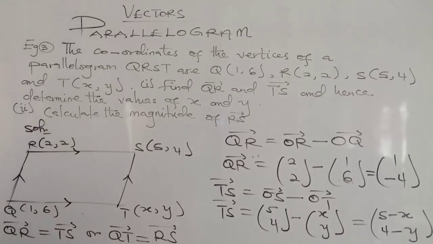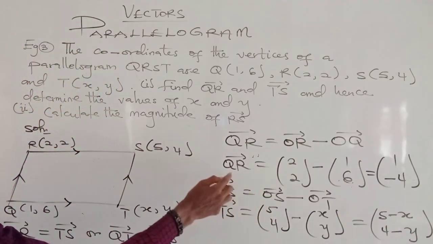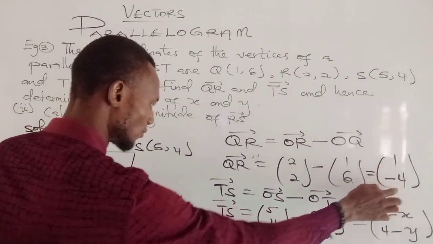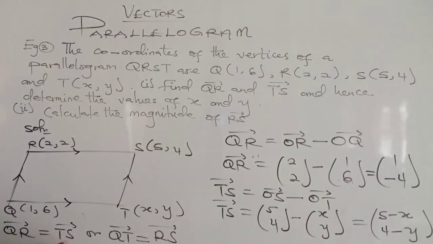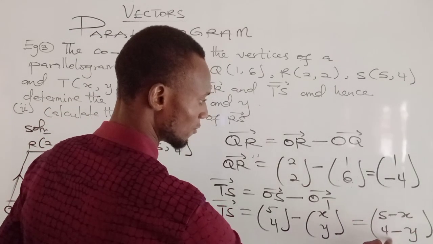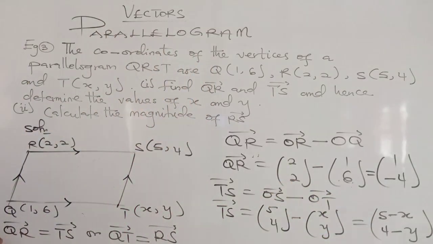So I will choose to use the first one because we've already calculated the value for vector QR, which is giving us 1, minus 4, and also we have the value of the vector TS, which is giving us 5 minus S, 4 minus Y. So I'll choose to use the first one instead.